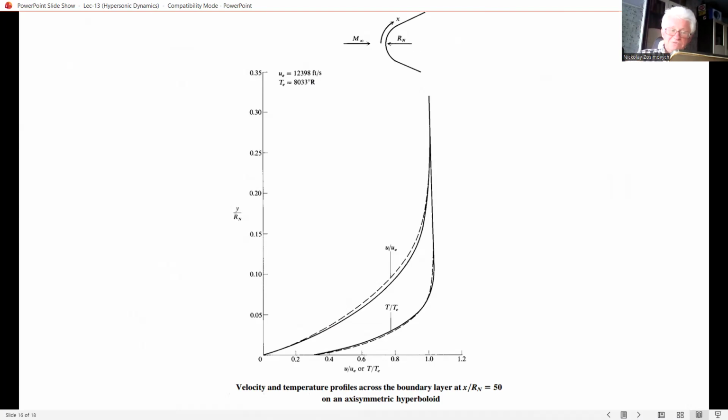For example, this figure gives the calculated velocity and temperature profiles at a station located at x over nose radius equal to 50. Sorry, not Reynolds number, radius. It is the nose radius. The local values of velocity and temperature at the boundary layer edge are also quoted in this figure.